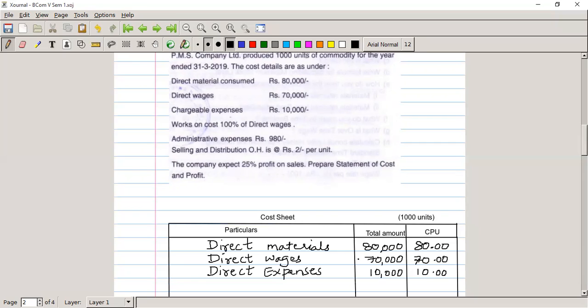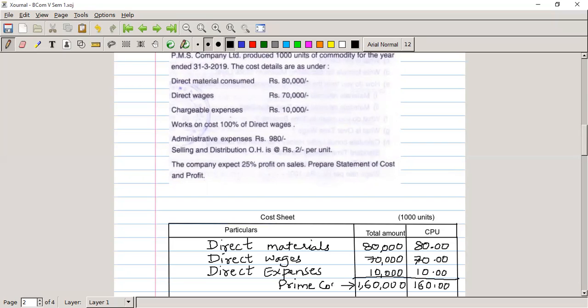When we add all this, it comes to 1,60,000 and 160 rupees. So what is this now? This is prime cost.